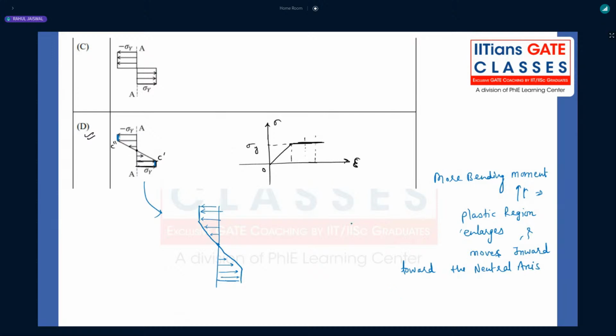This particular figure which I am drawing is an idealized picture, right? That means if I further increase the bending moment, what is going to happen? Try to analyze. This may take a shape like this. Further you apply the bending moment, say to an infinite value, right?